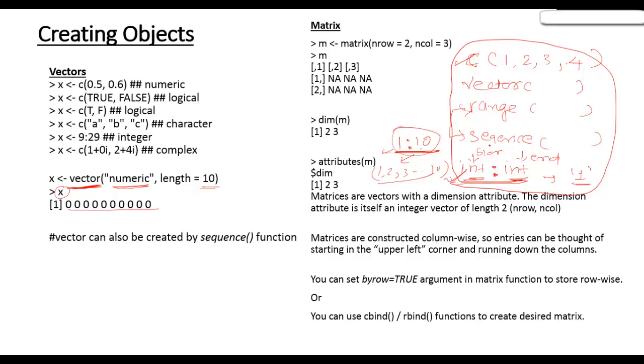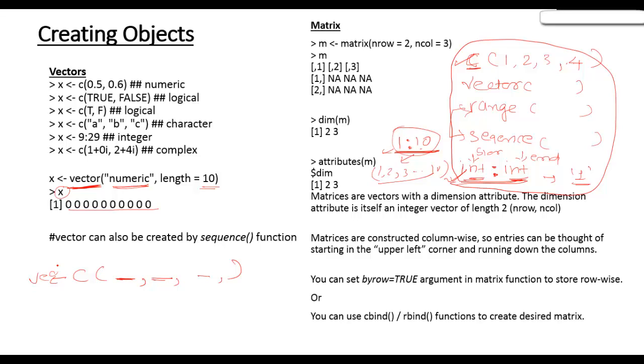So what does that c mean? c actually stands for combine. What does c do? c basically takes a list of vectors, or let's say a list of homogeneous data types, and converts all its arguments into a single vector.